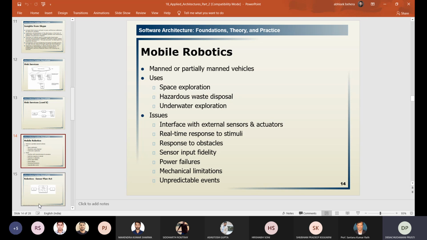The sensor input fidelity: up to what extent your sensor is trustworthy. Then power failures: if any power failure occurs, how is it managed. And the mechanical limitations, meaning machinery issues, or any unpredictable events occurring, how it is smartly managing the events.